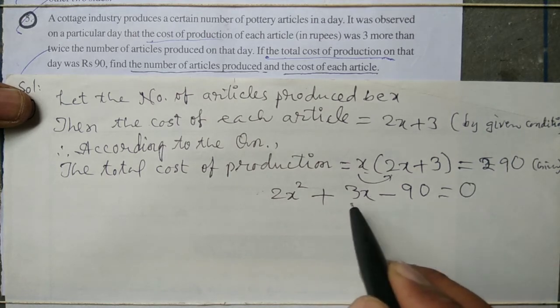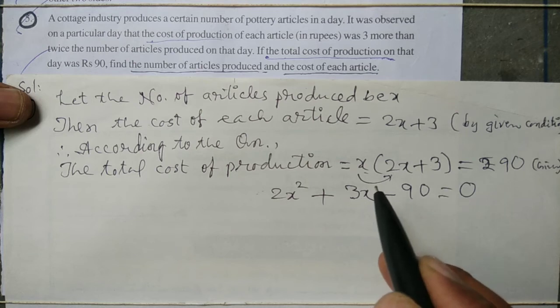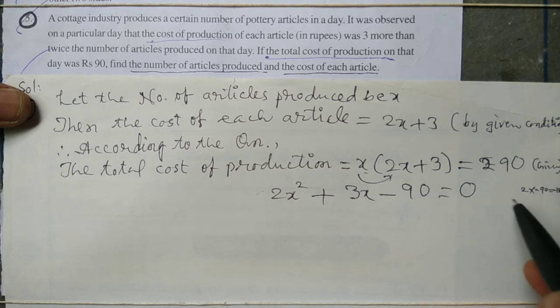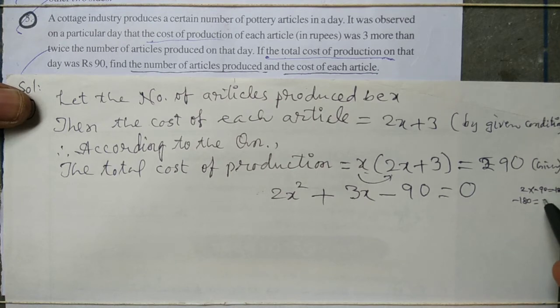Here the middle term we have to split. 2 into 90 minus 90 is minus 180. Minus 180 is equal to 12 and 15, minus for this 12, minus 12 plus 15 is equal to 3.